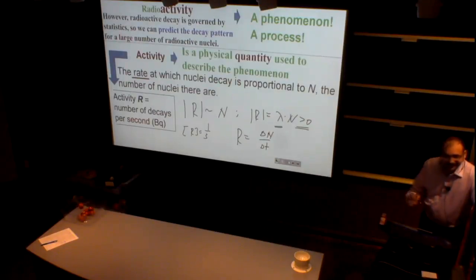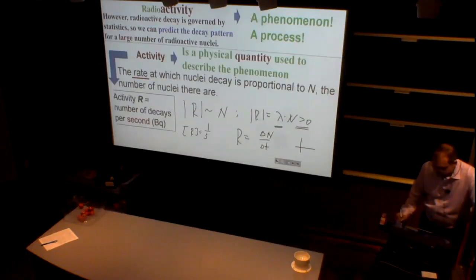But because it decreases in time, of course, if we start from a certain instant, we have a certain initial number of these elements, but they decay. So if we wait a little longer, less remains, and then less and less, which means delta N, final minus initial, should be negative. Delta N is negative. How do we fix it?